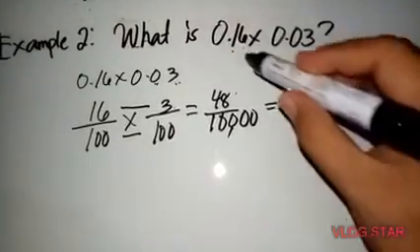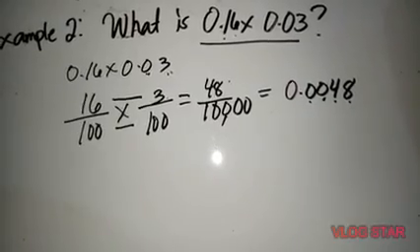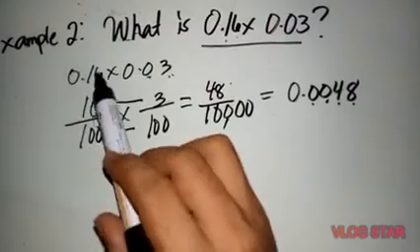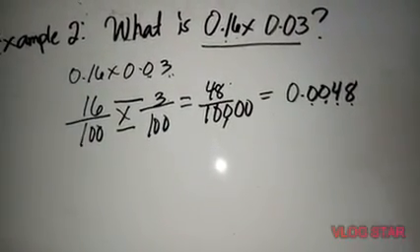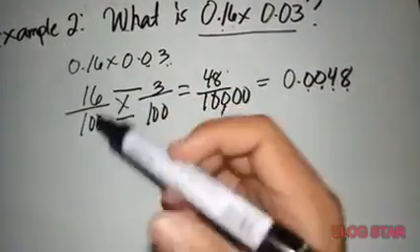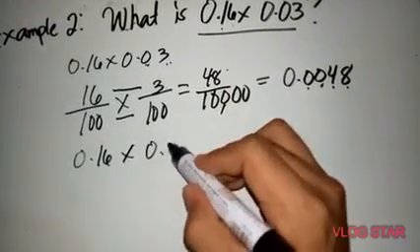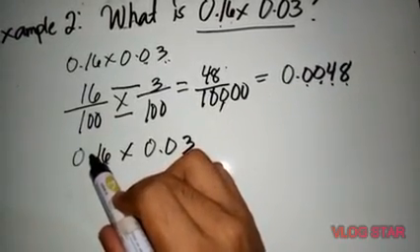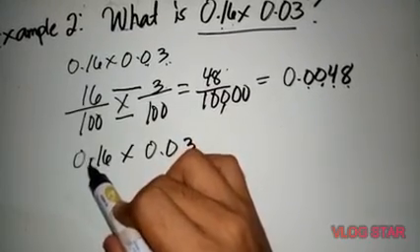Another way of solving this problem is by converting these decimals into whole numbers. Simply, to convert 0.16 times 0.03, just move the decimal point twice to the right so that it will become a whole number.